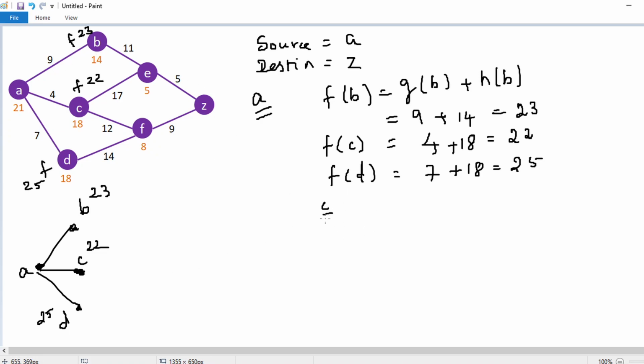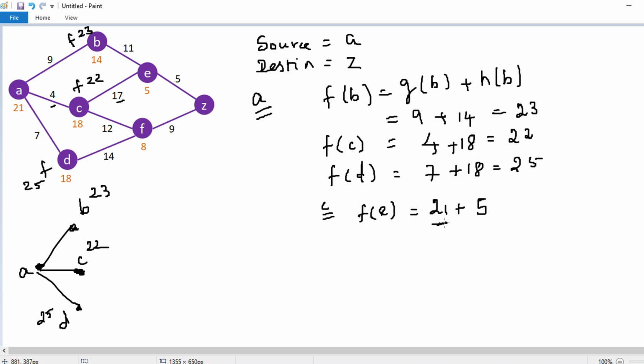So if I am expanding C, F of E. If I go via E, because C is connected to E, what is the cost? G is, to reach E is 4 plus 17, which is 21. And from E, if I reach Z, it is 5. That is the heuristic. So to reach E from the source, you have to consider 4 plus 17, which is 21.